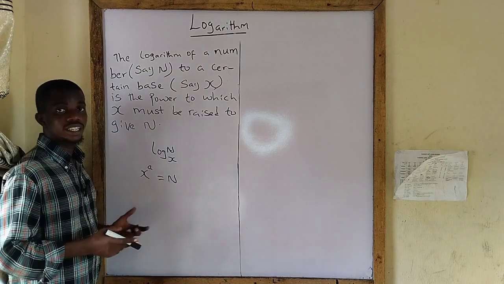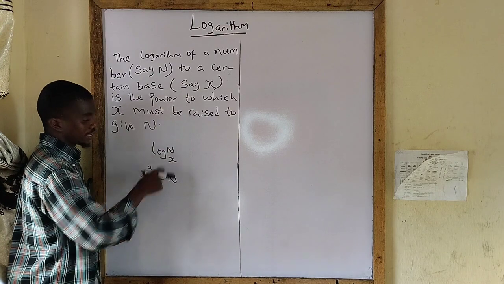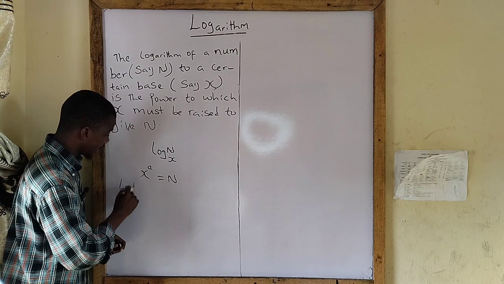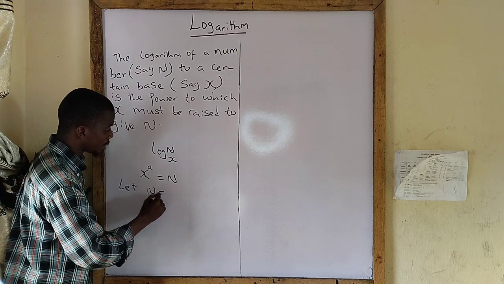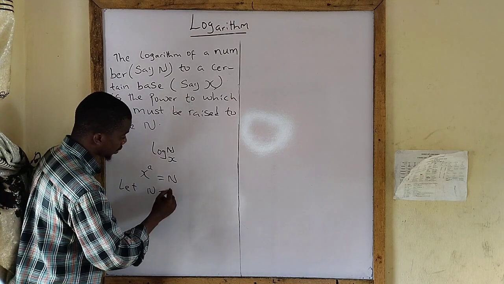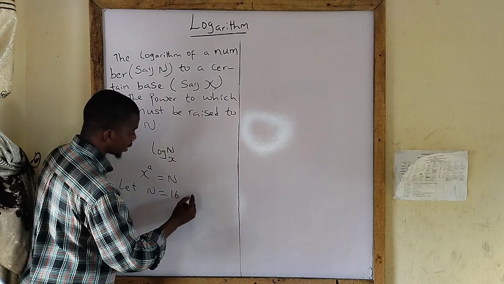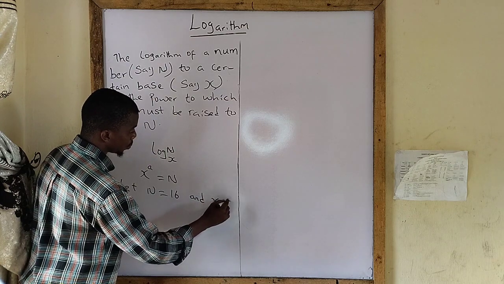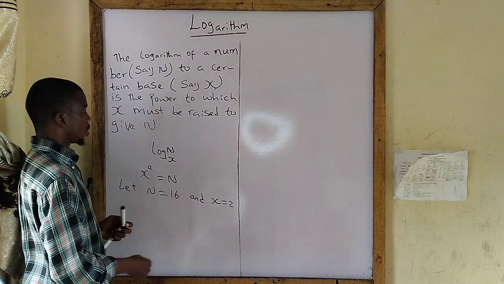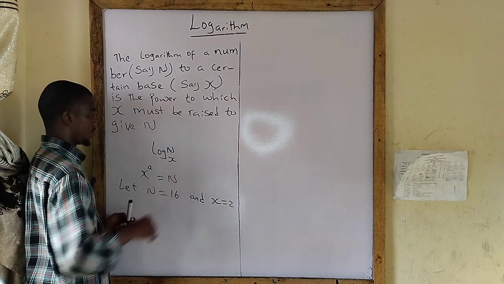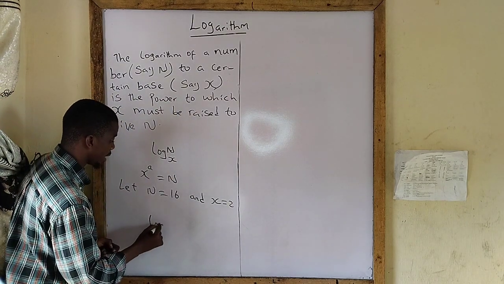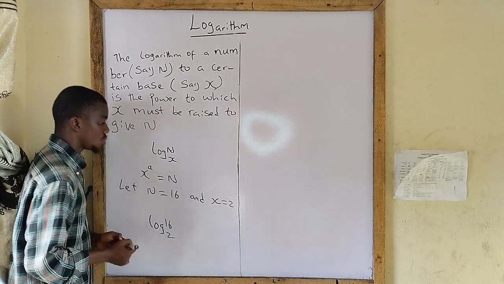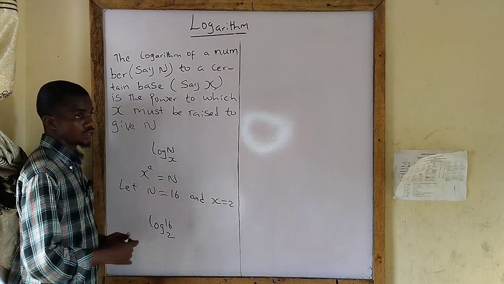Let's give n and x a number. Let n be equal to 16 and x be 2, so that we can write log 16 base 2.